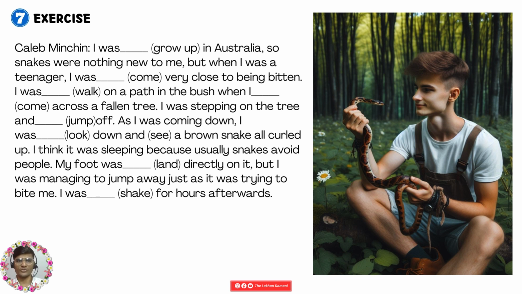But when I was a teenager, I was coming very close to being bitten. So bitten is the third form of the verb. Now the rest of them you have to do by yourself. Pause the video, do that, and try to send it to me below in the chat. I'll be able to help you to understand what you have got.